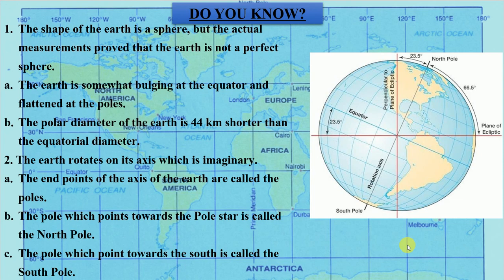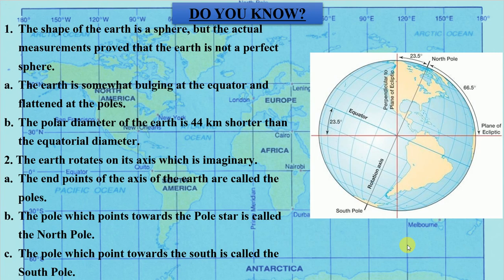Since spherical objects like the Earth neither have corners and sides nor top and bottom, it is difficult to locate a place on it. Because the Earth is a sphere, it is very difficult to locate a place, as it has neither corners or sides nor a top and bottom.